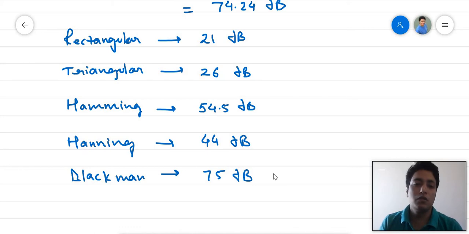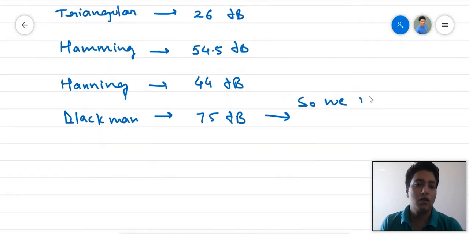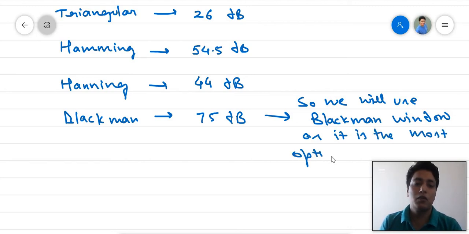So we will use the Blackman window, as it is the most optimal window for this example.